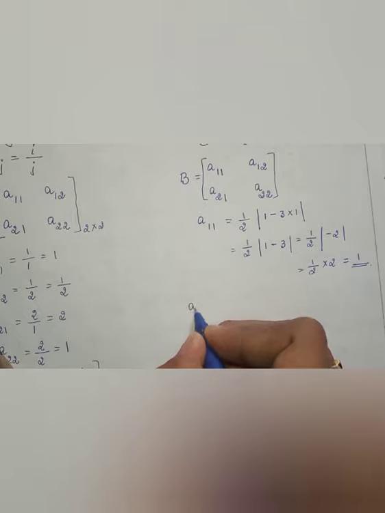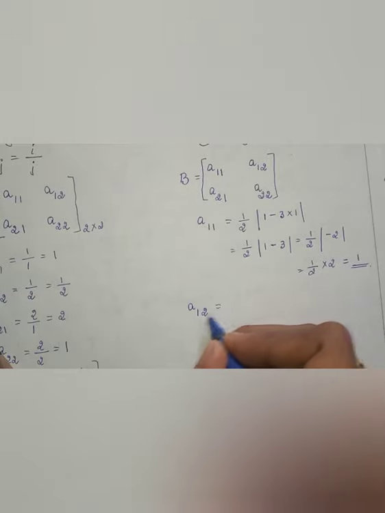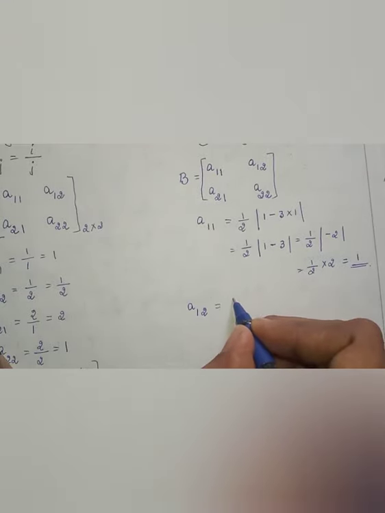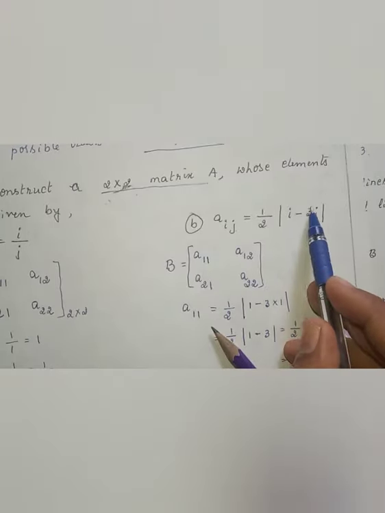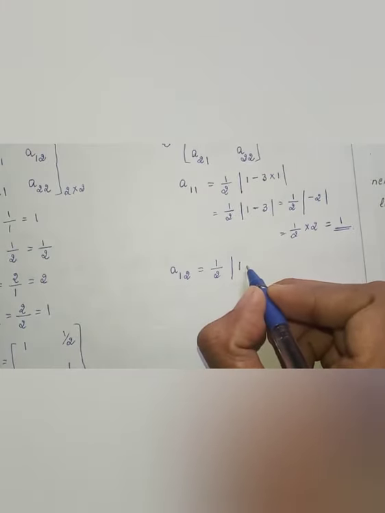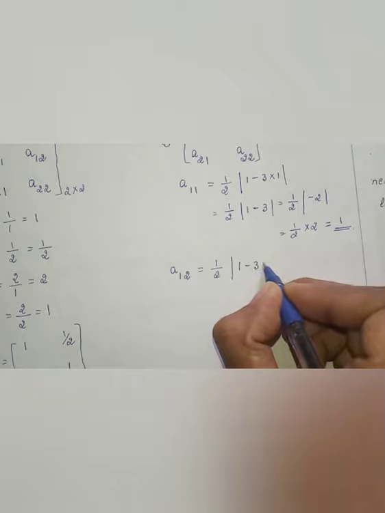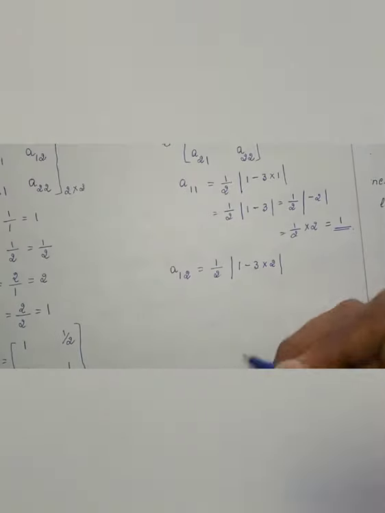Next, A12. That is i is 1, j is 2. 1 by 2 into modulus of i minus 3j. So 1 minus 3 into 2. J is 2, i is 1.